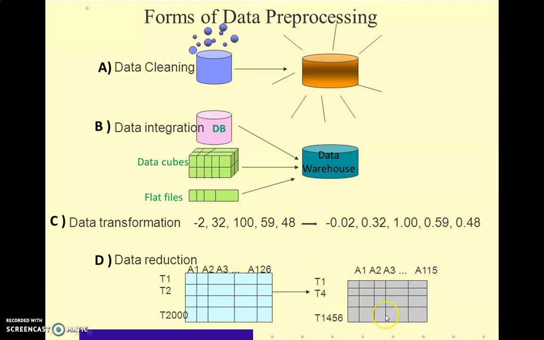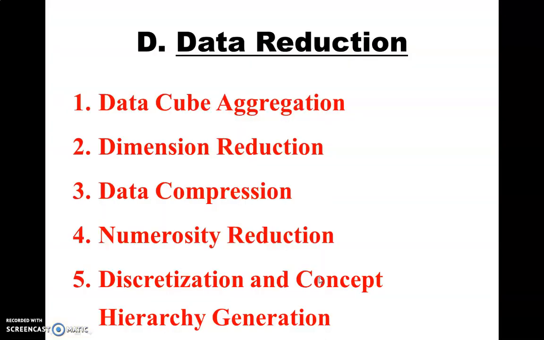Whatever information you get from the original data, you should also get the same information from the reduced data. That means the integrity of the original data should be maintained. Your information should remain intact even after reducing the data volume. So this is what data reduction is.